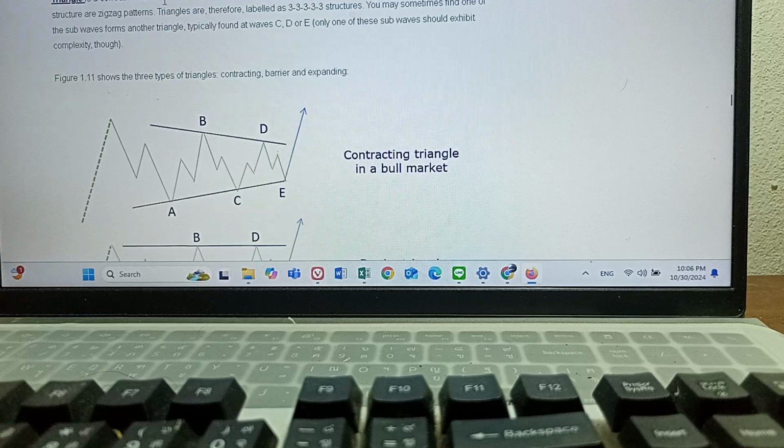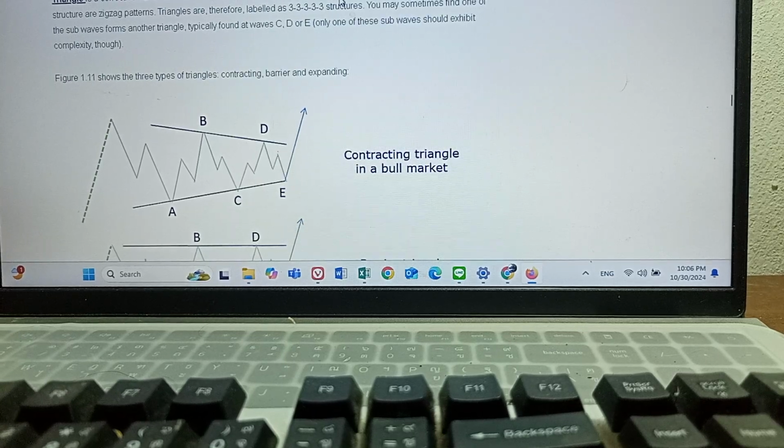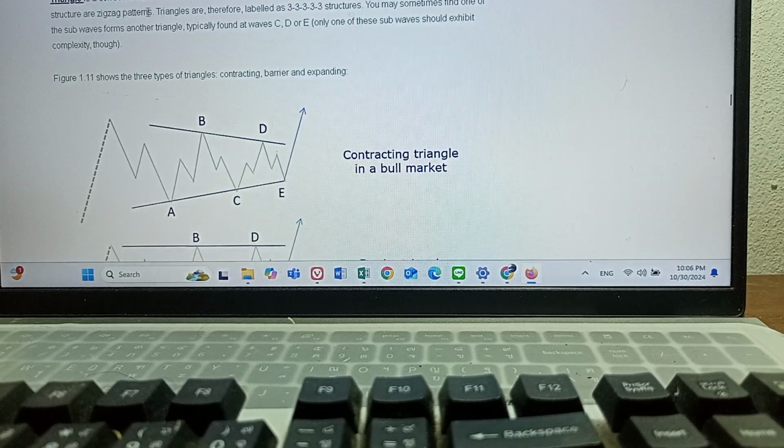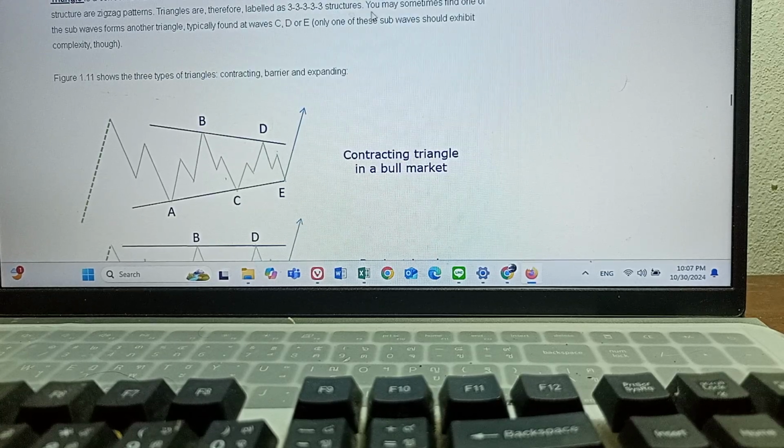Triangle is a correction with five subwaves, A, B, C, D, E. In the majority of cases, all subwaves within a triangle structure are zigzag patterns. Triangles are therefore 3-3-3-3-3 structures.